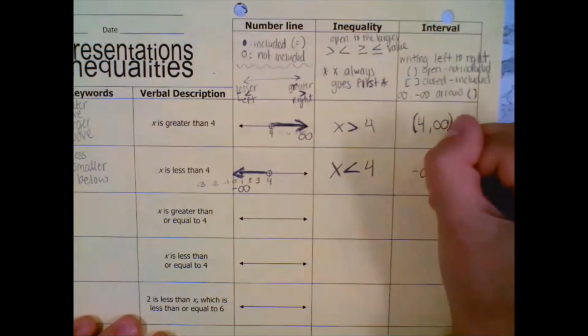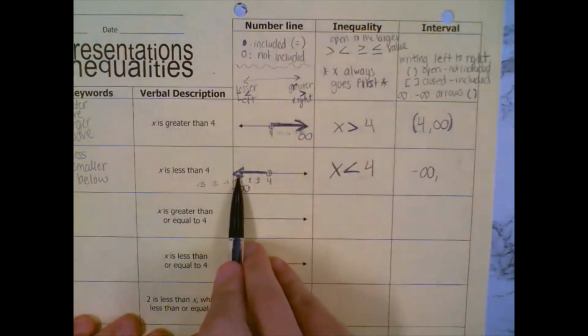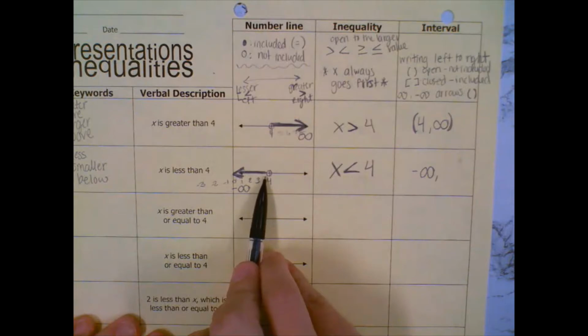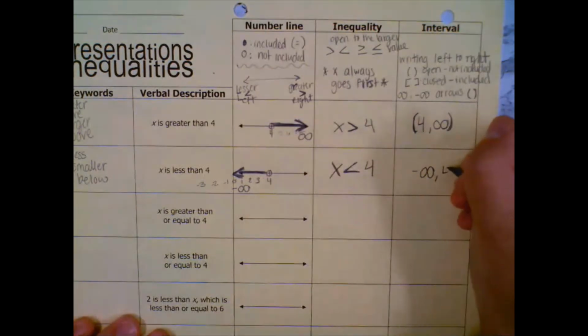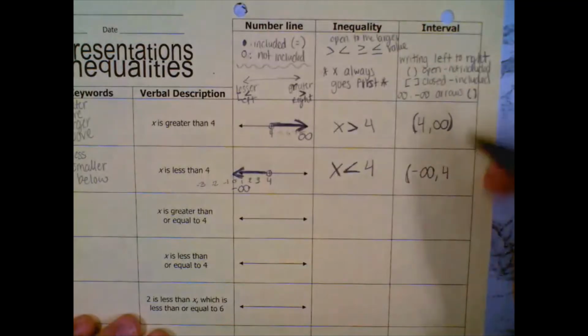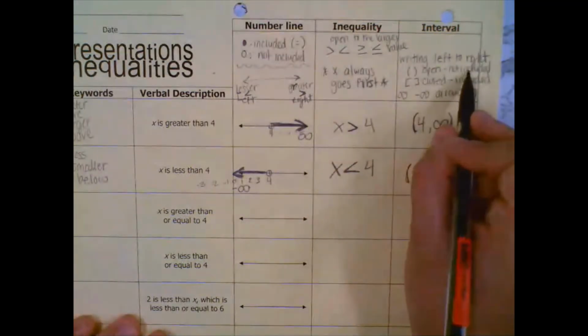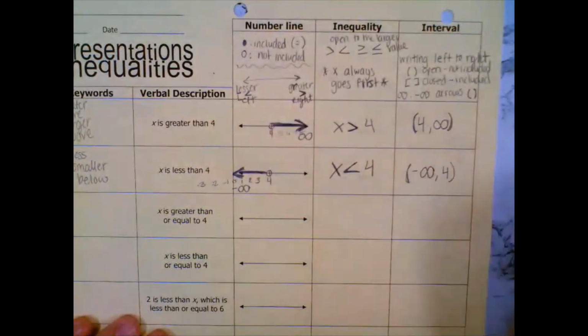So my graph is actually starting at negative infinity, which sounds kind of weird, but we're starting at negative infinity on the left, and we're shading all the way up to the number 4. Infinities always use parentheses. 4 is open because it's not included, so we use a parentheses.